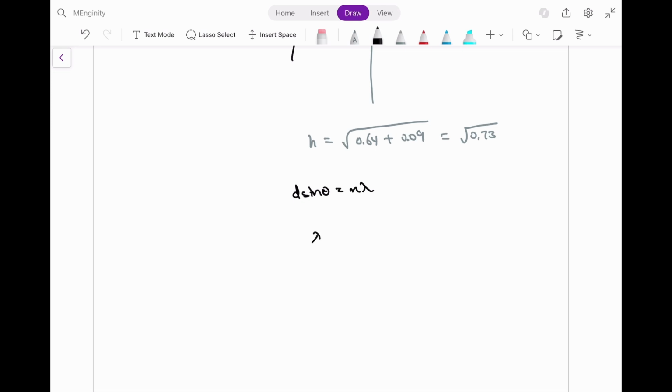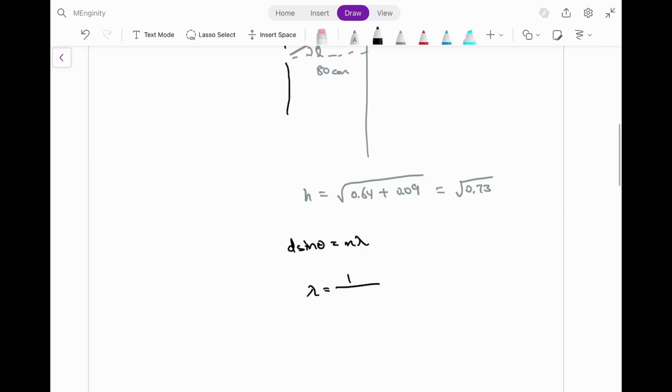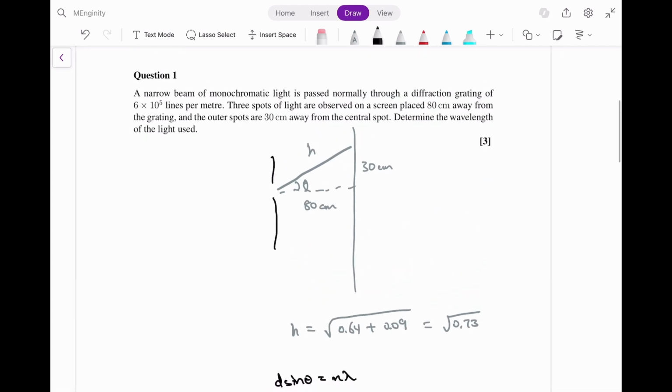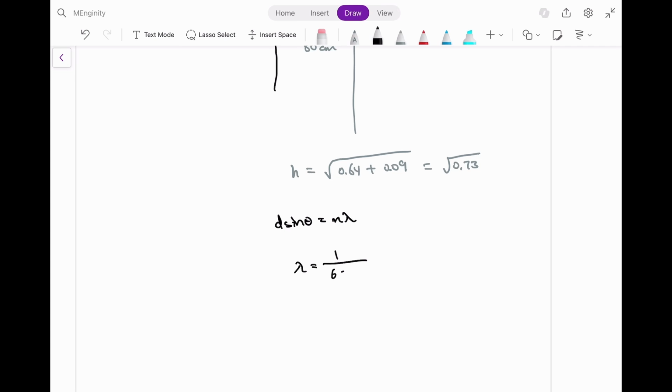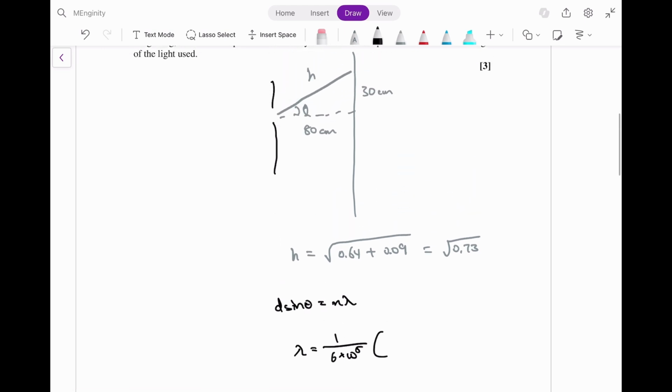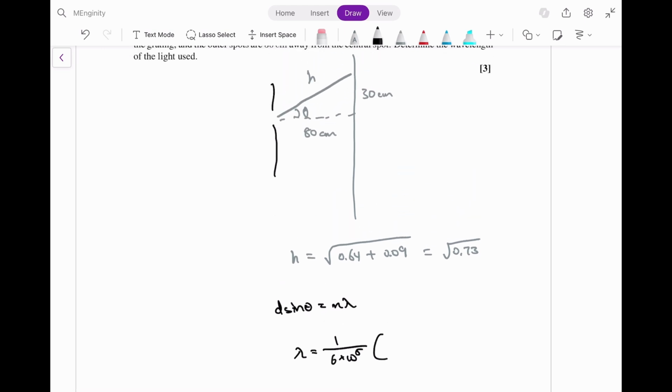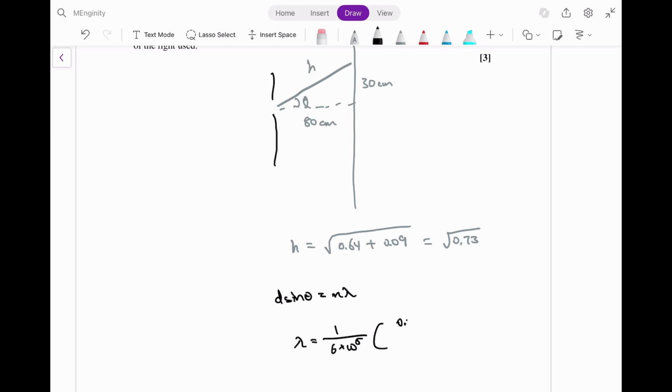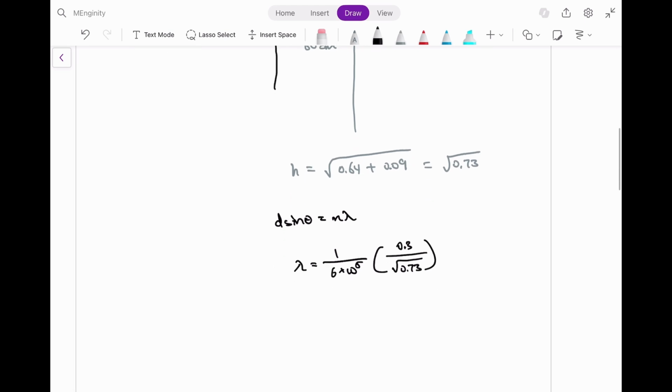So lambda will be equal to 1 over 6 times 10 to the power of 5, and that is in meters, yes. Okay, and then what we do afterwards is the sine of theta. In this case, sine of theta will be equal to the opposite, which is 0.3, over the square root of this. Okay, and then we will be able to calculate lambda.